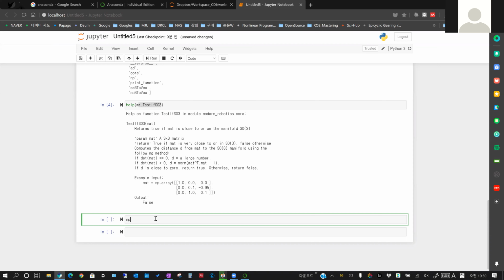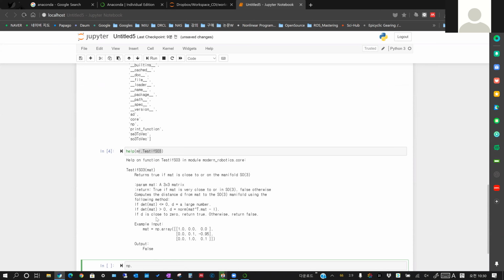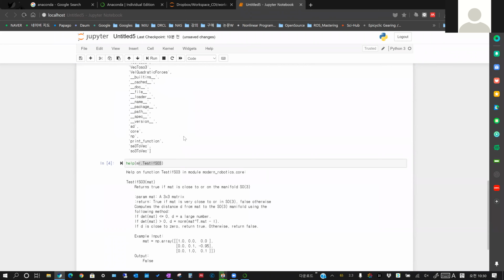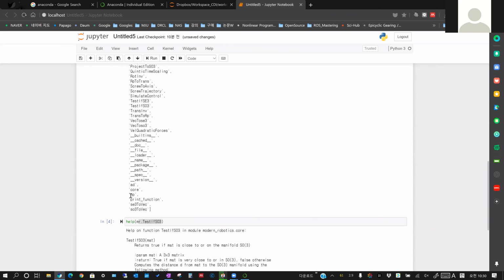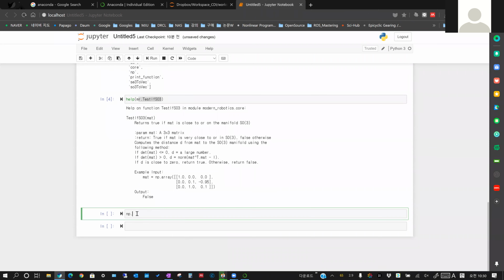If you make the matrix using numpy, we did not import numpy here, but in the modern robotics class there is numpy. So in this case, we can use mr.np.array. By using array, we can make the matrix.